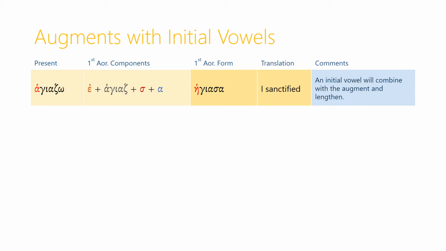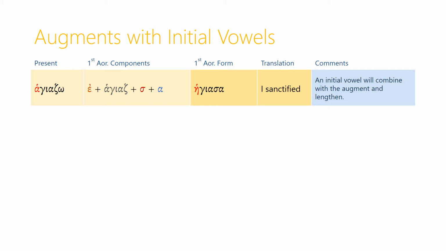One thing we should notice before we get too much further is what happens when we put an augment on the beginning of a verb that already begins with a vowel. Hagiadzo is one example, and when we put the epsilon augment at the beginning of the hagiad stem, what happens is that the epsilon is absorbed by the alpha and lengthens it.